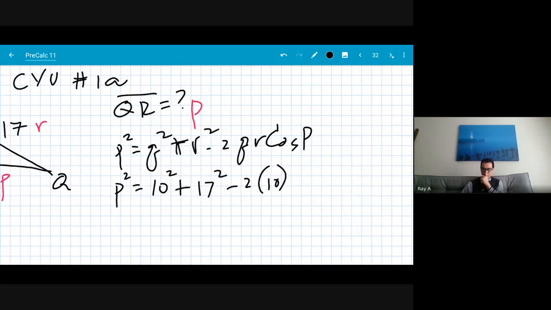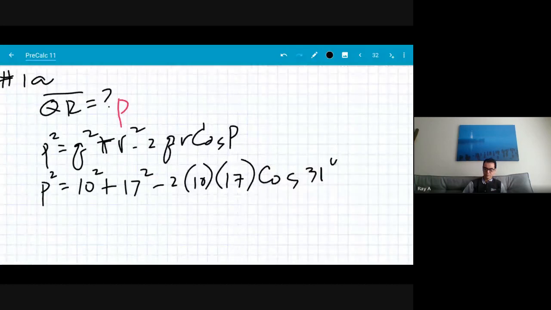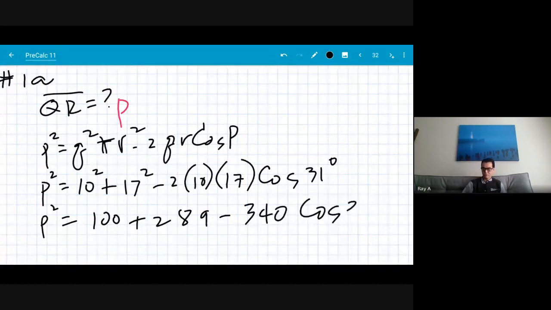What is R? 17, times cosine of what is P? Take a look, 31 degrees. P squared is equal to 100 plus 289 minus 2 times 10, 20, times 17, 340 cosine 31 degrees.